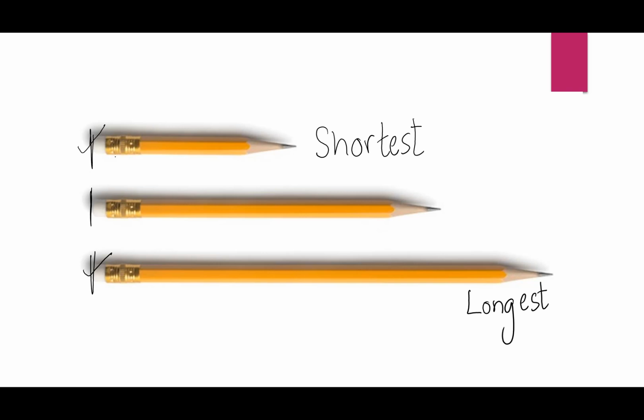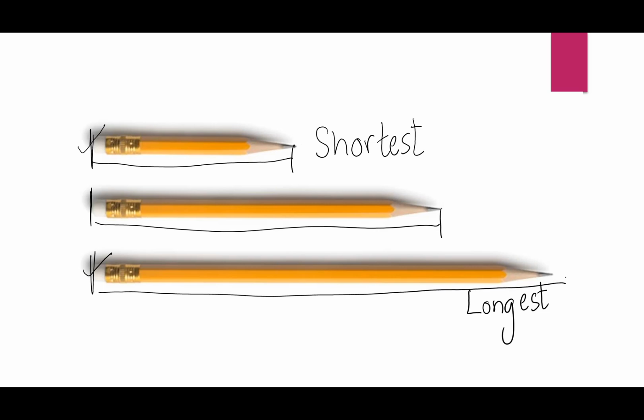And if I put all these three pencils together, you can see which length is the longest and which length is the shortest. You see here? This pencil is the shortest, and this pencil is the longest. You get it? Good job.